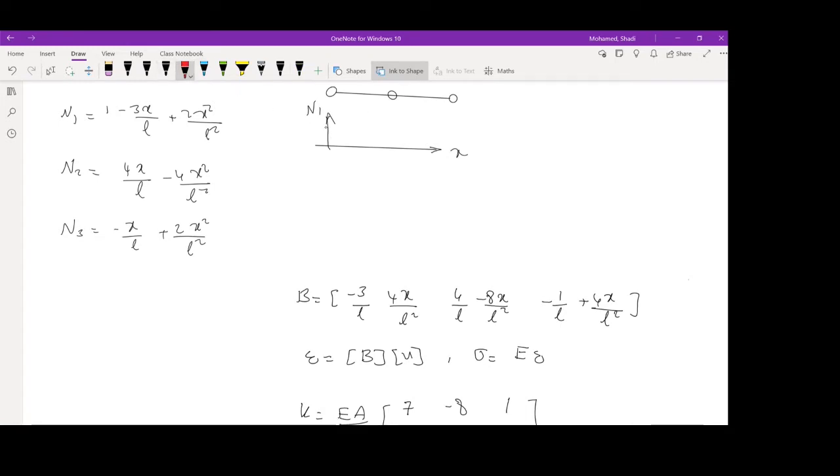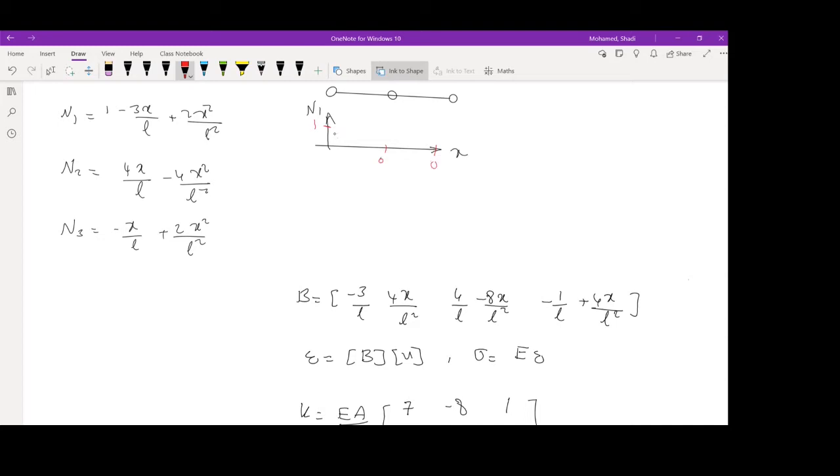This is the shape function associated to the first node. So at the first node, the value of the shape function is going to be equal to 1. Then at the second node and at the last node, you have the value to be 0 and 0.